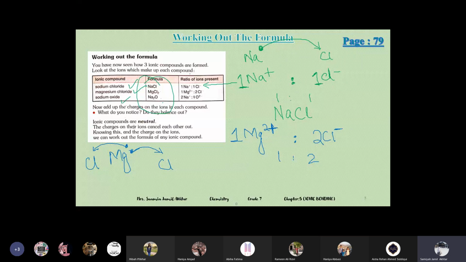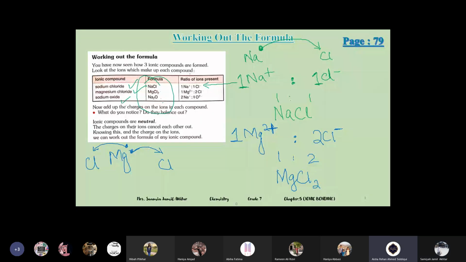One magnesium is giving 2 electrons, one to one chlorine and the second electron to another chlorine. So there are 2 chlorides, 1 magnesium and 2 chlorides. So the ratio will be 1:2. And what will be the formula? MgCl2.